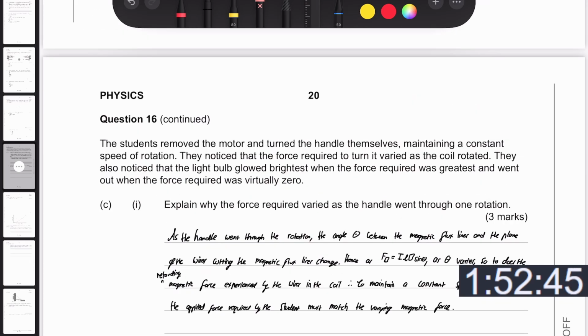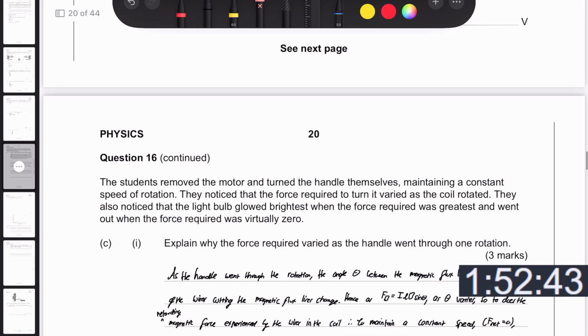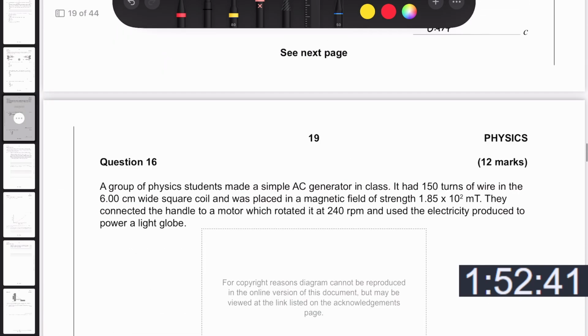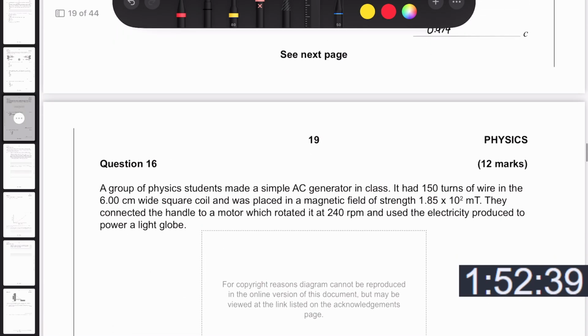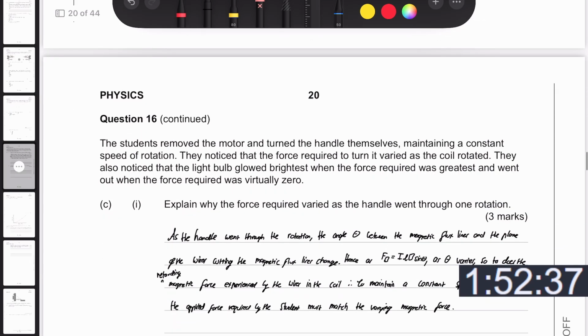Until the handle themselves move the motor, this is a generator. So F equals that.